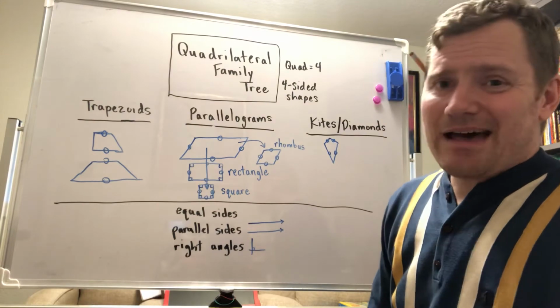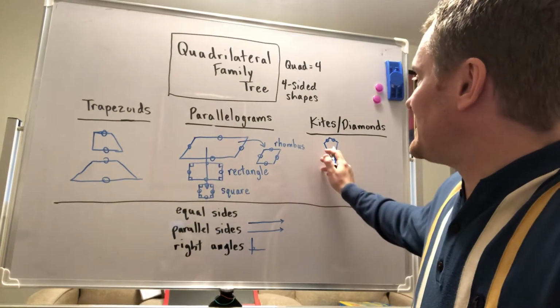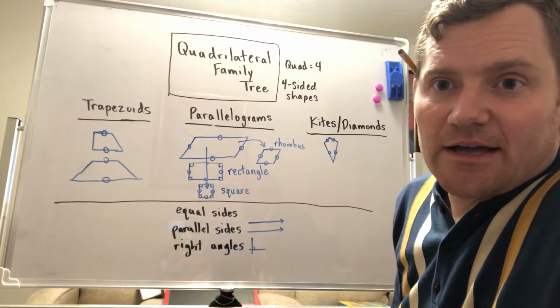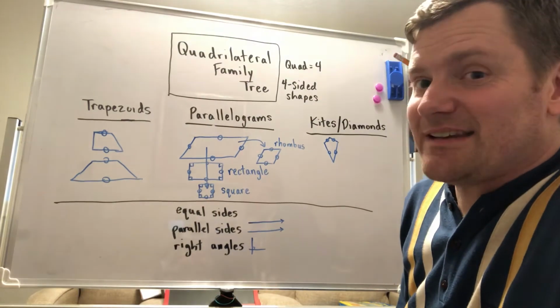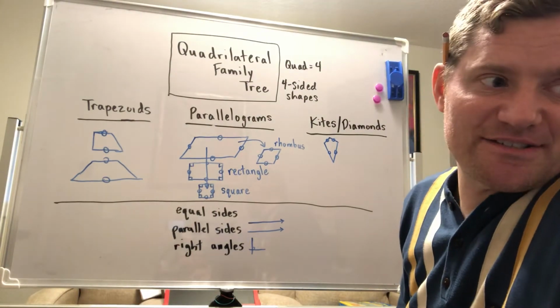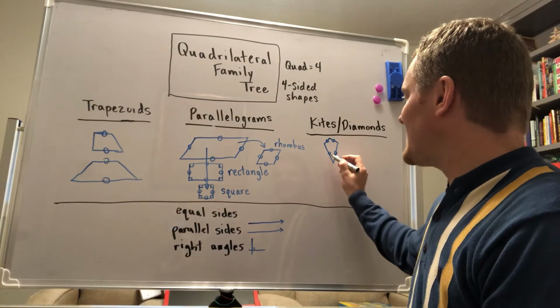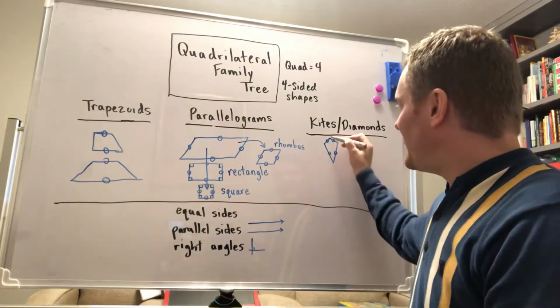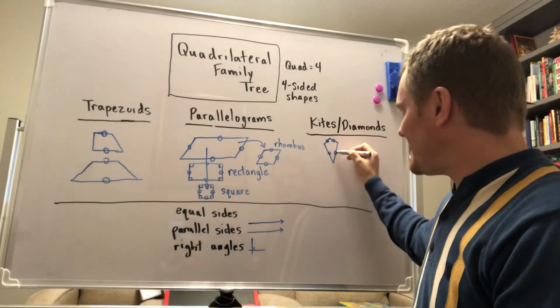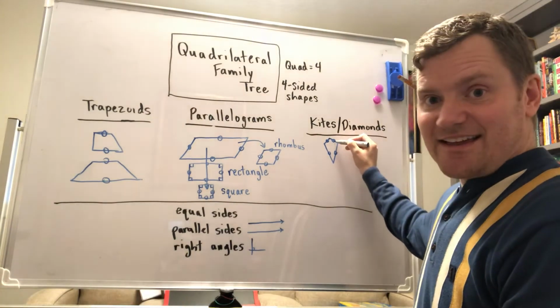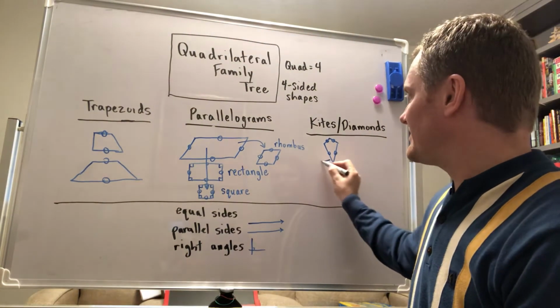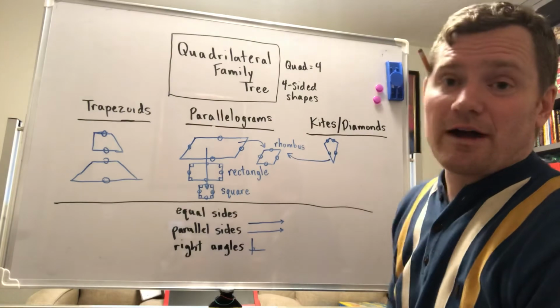In this case, you're not going to get right angles, but you can make it a little bit more special. So if you were to take a kite and make this line equal to this line, equal to this line, and equal to that line, then you know what you get? You get a rhombus.